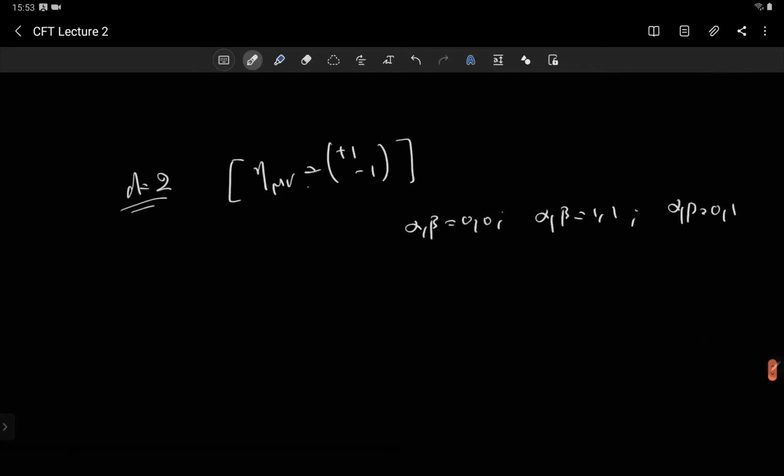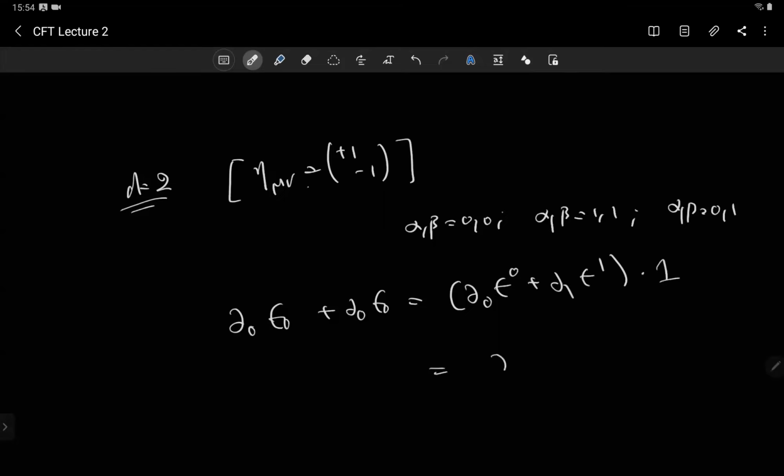Now let's look at this equation for d equal to 2. Your first equation is del 0 epsilon 0 plus del 0 epsilon 0 equal to 2 by d. Now 2 by d is 1, so we just get 1 here. And this equation is del 0 epsilon 0 plus del 1 epsilon 1 times 1, because eta 0,0 is 1.